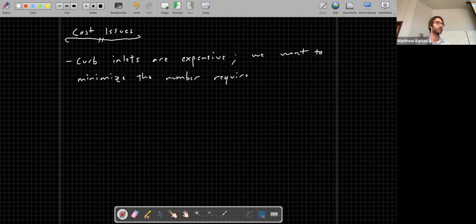Okay. So in general, fewer longer inlets are cheaper.